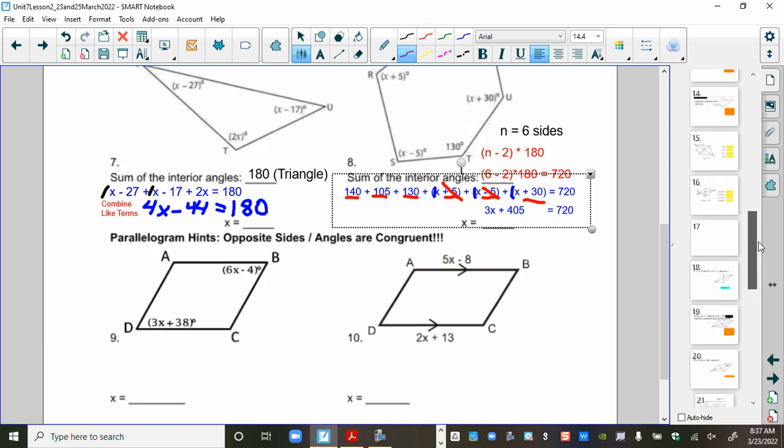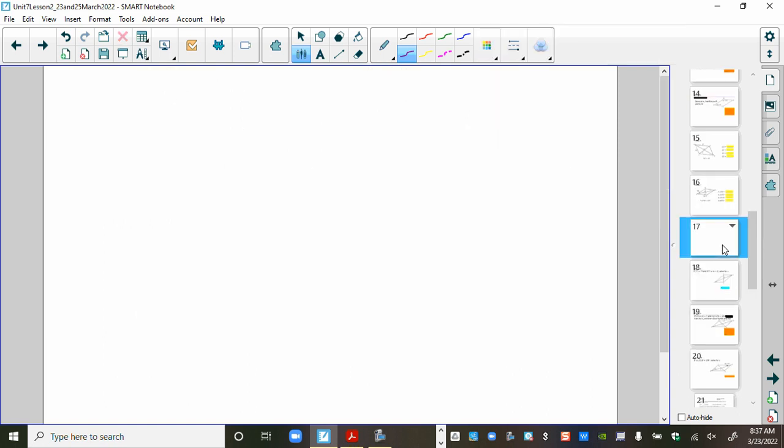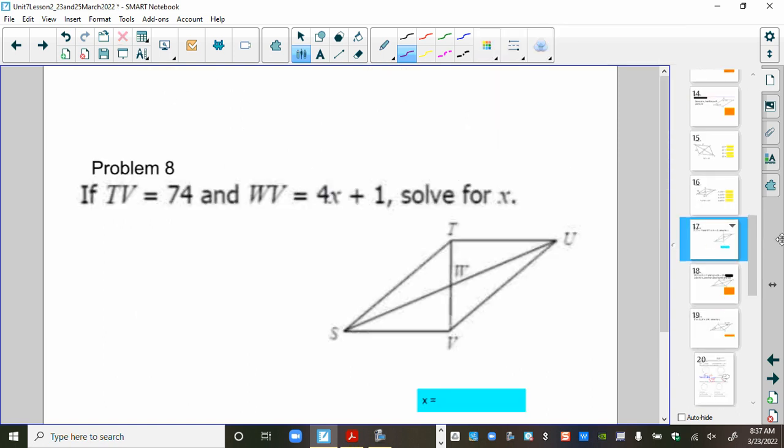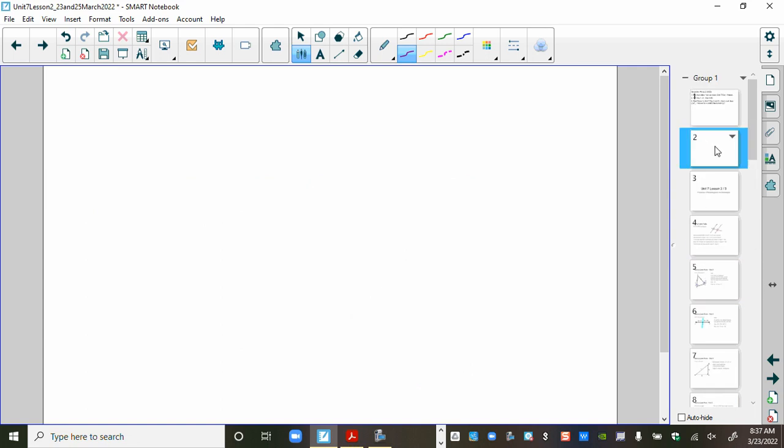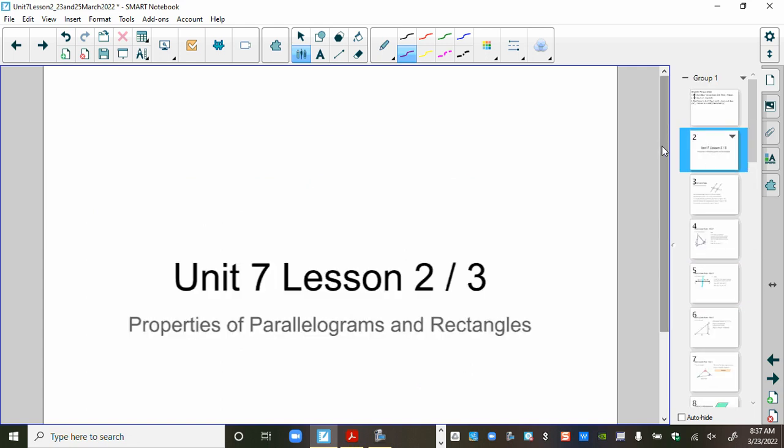Now, here's what we're going to... Let's go to the top. I'm going to get rid of that one. This is going to be a graded note activity. We're going to start it today. We're going to finish it next time. So you need to bring it.